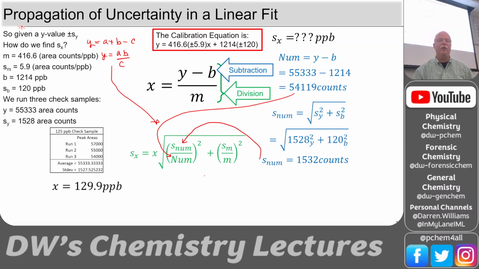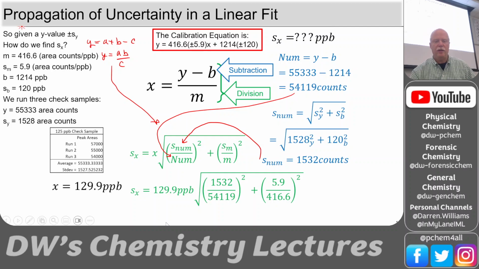We have SM over M. And so then we square them, take the square root, and multiply by X, and we end up with this result, 4.1 parts per billion. So that's pretty good. So that's how you use a propagation of uncertainty in a linear fit.